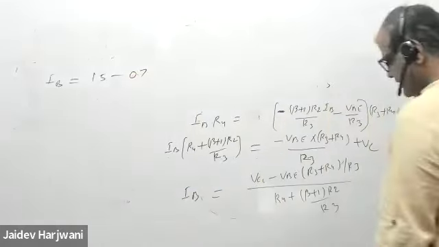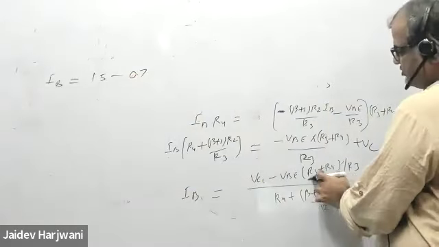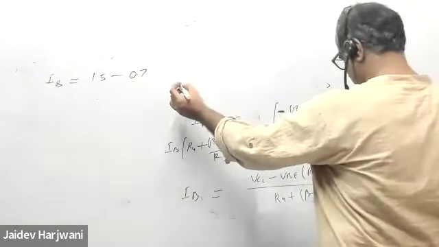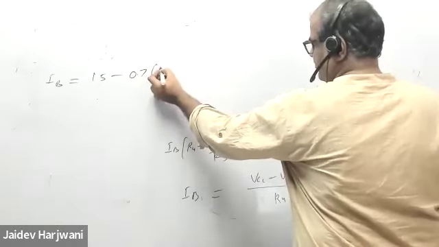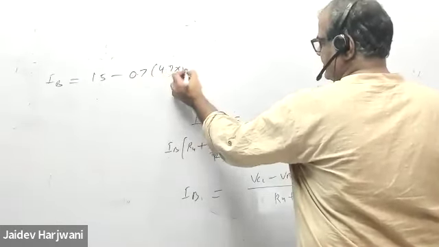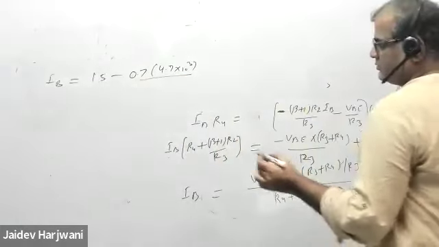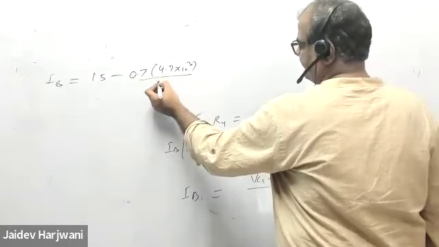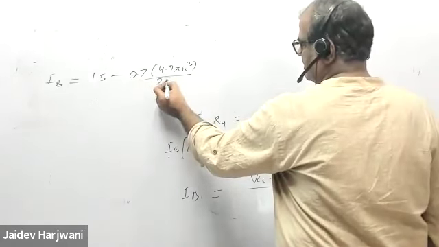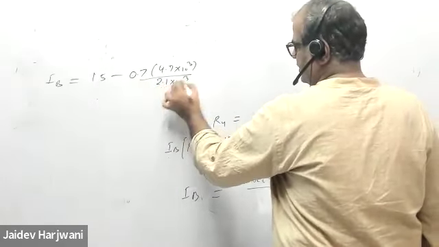So this is 0.7. 19.6. 0.7. Okay, R3 R4 is how much? Tell me. 4.7. And divided by R3 is how much? R3 is 2.1 kilo ohm, right? Yes, sir.